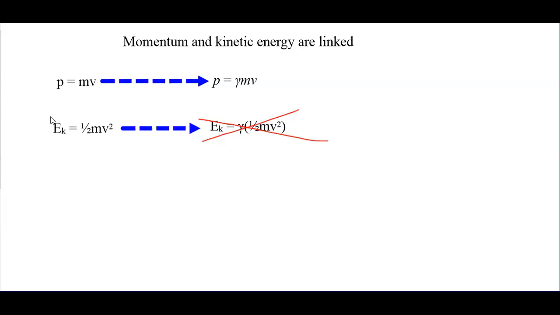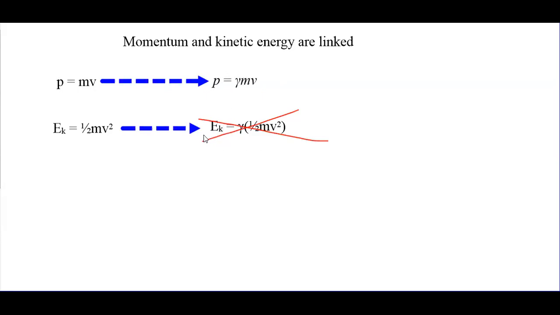So technically, you can take the integral of your momentum and get your kinetic energy, or take the derivative of your kinetic energy and get your momentum. So tie calculus into the mix, and these two are related. Classically, as you move to relativistic momentum, that's just a matter of tacking on the gamma factor.